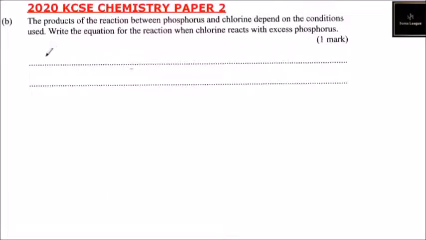Part B, we are told the product of the reaction between phosphorus and chlorine depends on the conditions used. Write the equation for the reaction when chlorine reacts with excess phosphorus. So what we do here is you can write this kind of an equation.